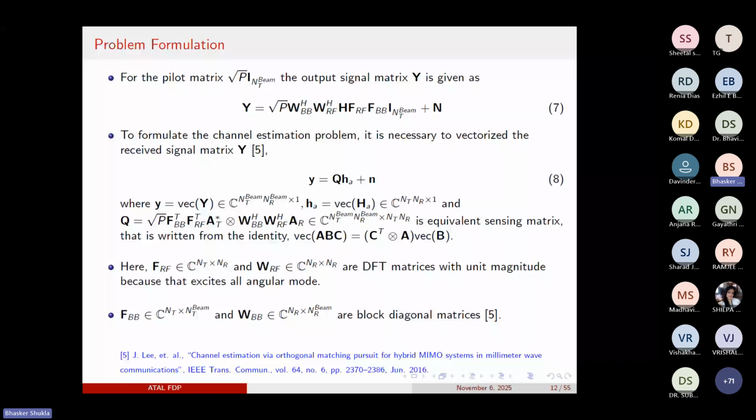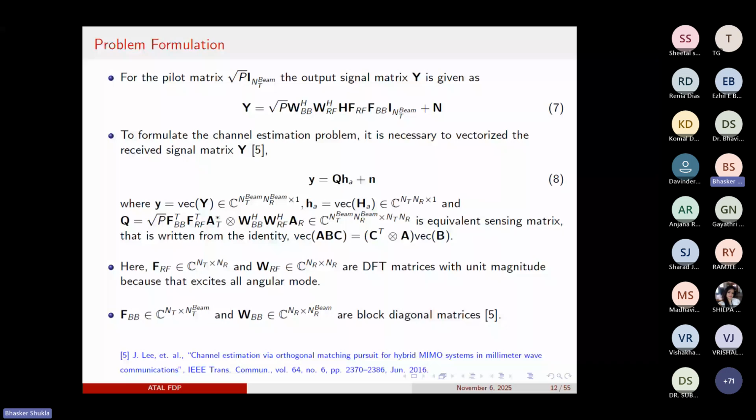So the Y in vector form, that is vec of Y, is given by, suppose, equation 8, where Q is given by the Kronecker product of the combiner and precoder matrices, and the transmit and receive array response matrices.